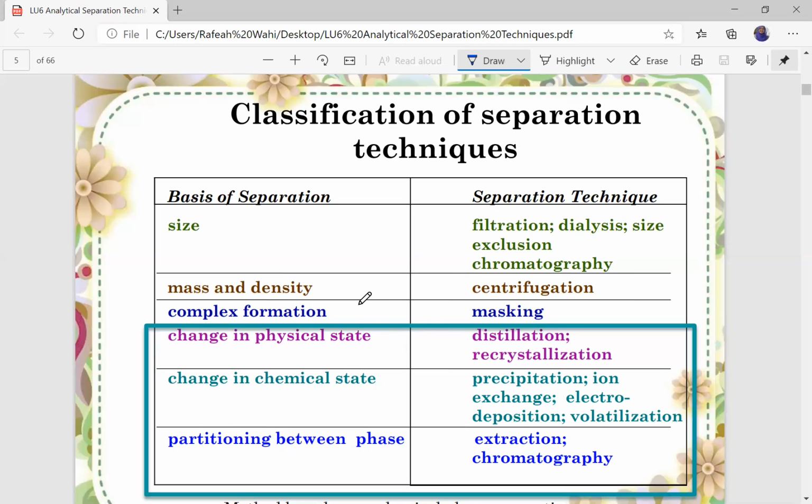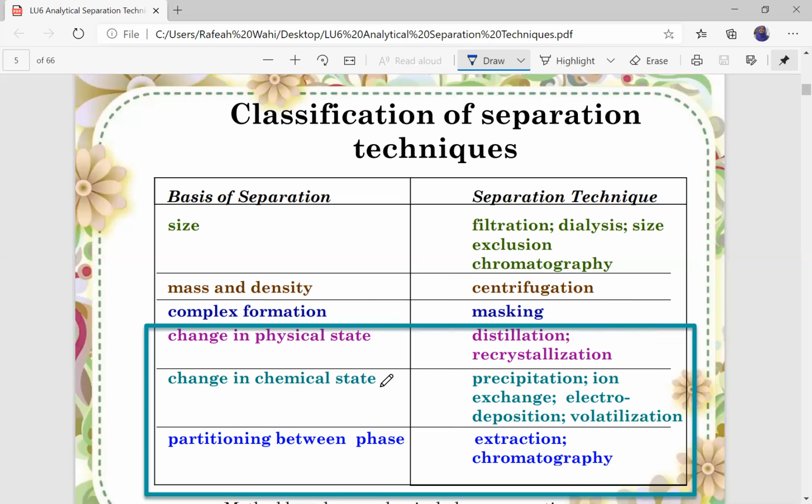There are also analytical separation based on change in physical state, for example, distillation and recrystallization. We are going to take a look into distillation process later on as an example of analytical separation based on changes in physical state.